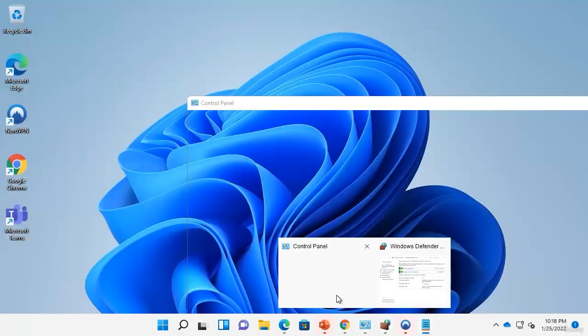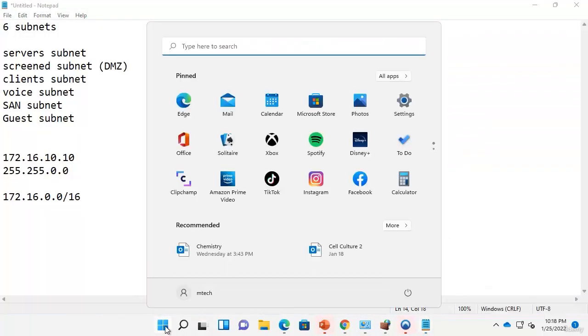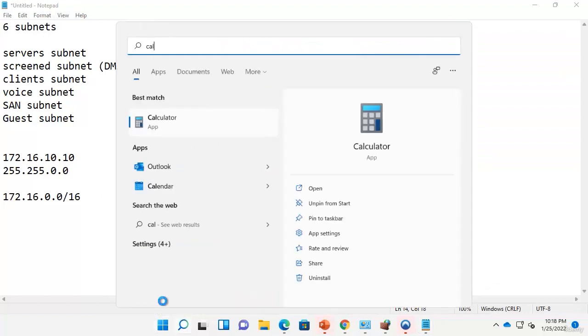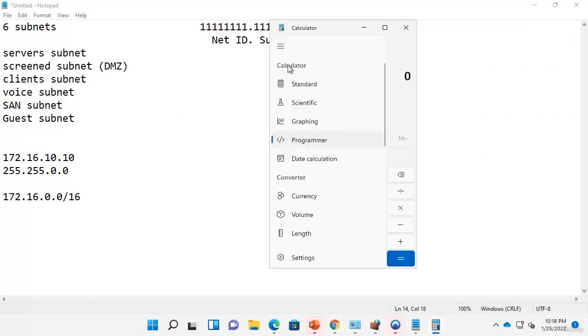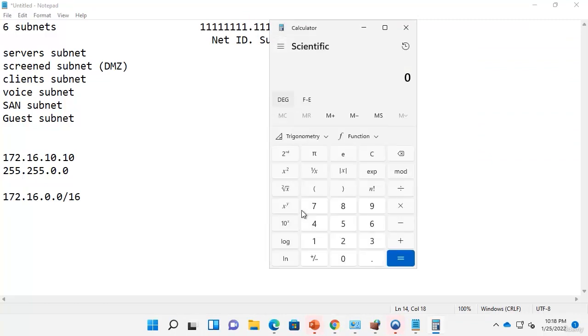Does that not look like a calculator? It looks like a calculator to me. I'm still getting used to Windows 11 here. All right, so we're going to open up the calculator. We're going to put it in scientific because it's going to allow me to say something to the power of, and it's this, okay?